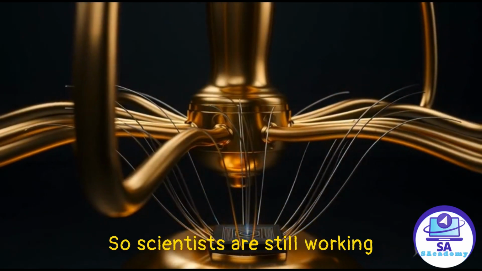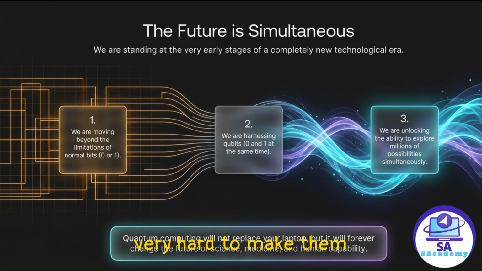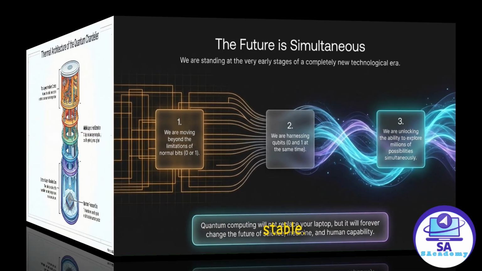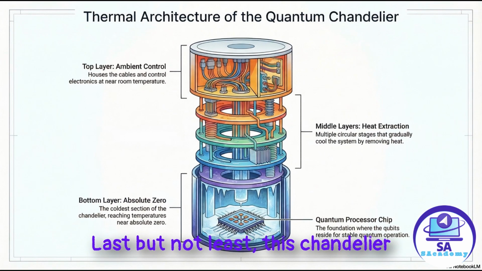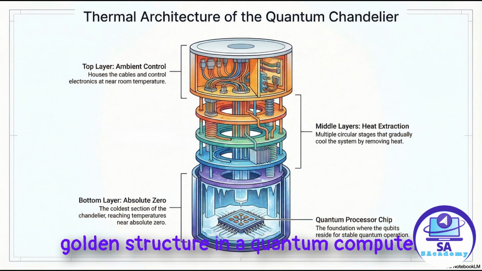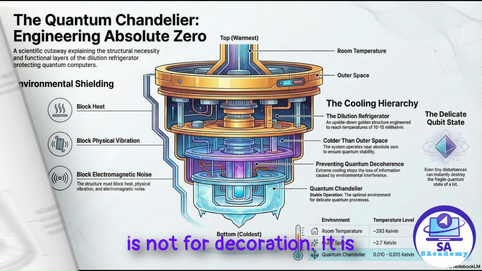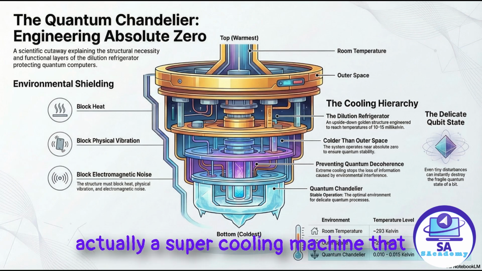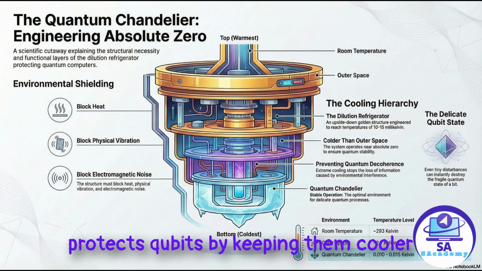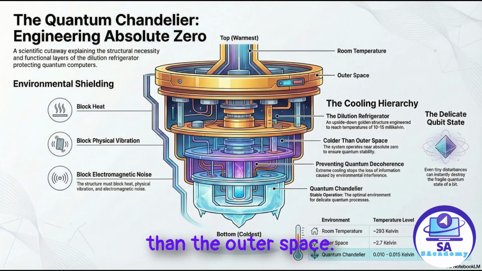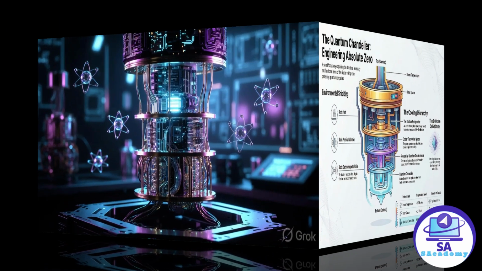So scientists are still working very hard to make them stable. Last but not least, this golden chandelier structure in a quantum computer is not for decoration. It is actually a super cooling machine that protects qubits by keeping them colder than outer space.